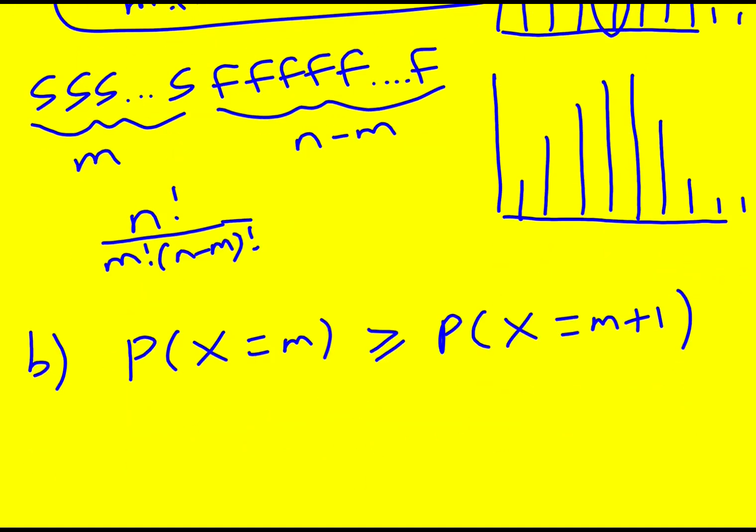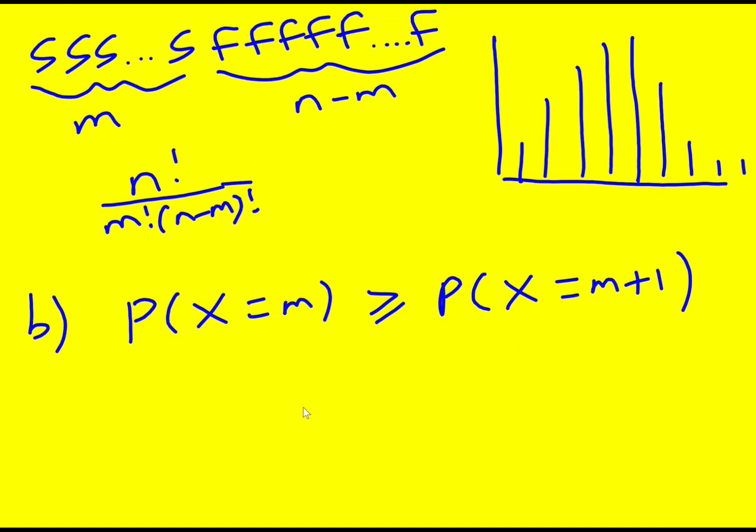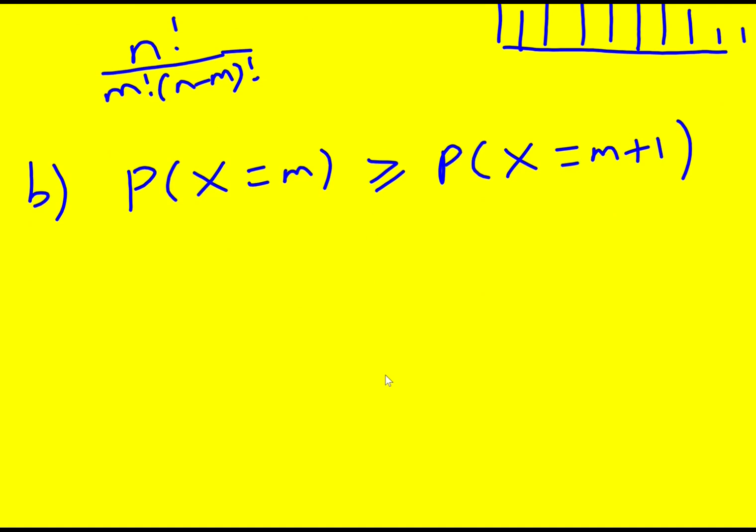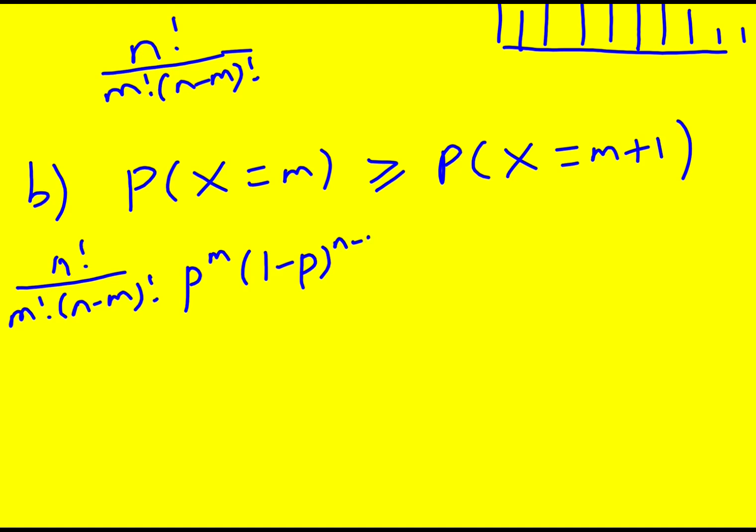It's going to give us an interval. I'll show you in a sec. We've already got this, so I'm just going to write it down. Remember, it was n factorial over m factorial n minus m factorial, p to the m, 1 minus p to the n minus m.